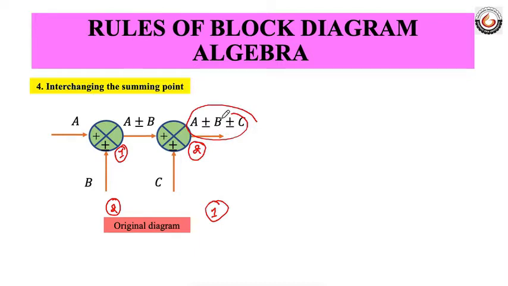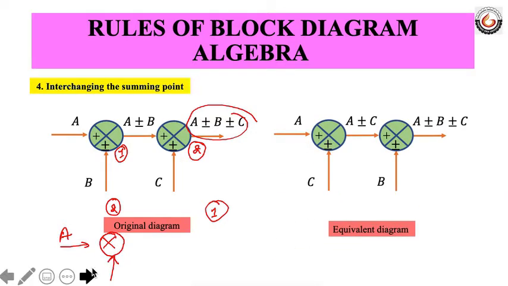I want to preserve the entire input-output structure of the system. What should come out here should still be A plus or minus B plus or minus C, depending on the sign of the summation block. So if I start with A, A still goes in, but now it goes to summation block 2, and what is input to summation block 2 is C over here. Then the resultant signal would be A plus or minus C.